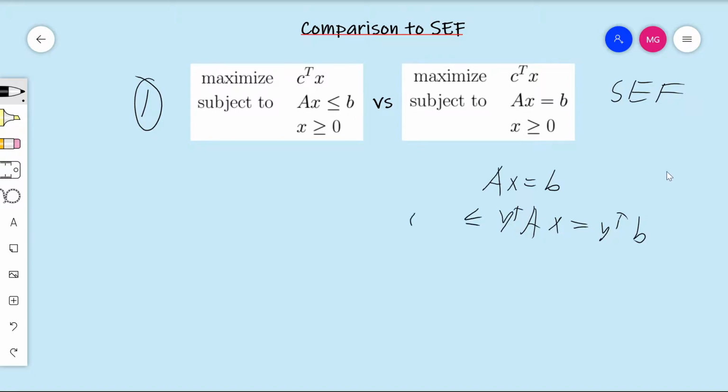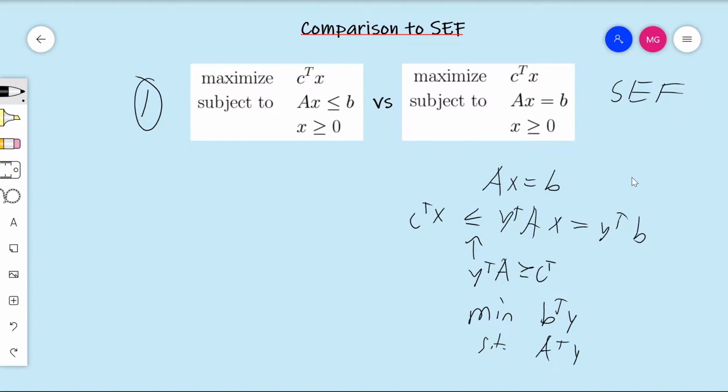We said this would be in turn greater than or equal to c transpose x as long as we enforce the constraint that y transpose A is greater than or equal to c transpose. If we enforce that, then y transpose b would truly be an upper bound on c transpose x. And so we can encode this as minimizing the upper bound b transpose y such that it satisfies the constraint.